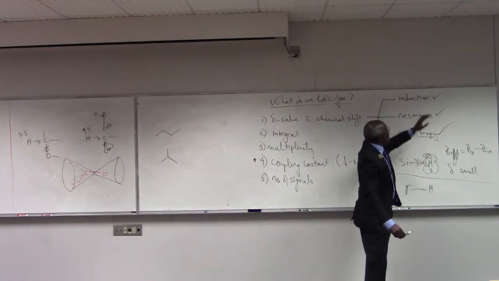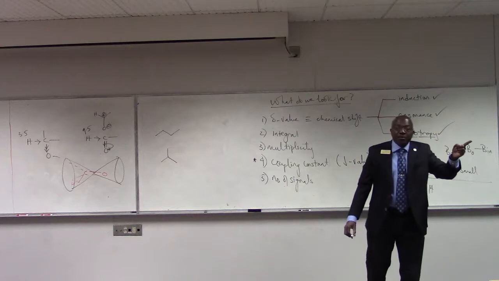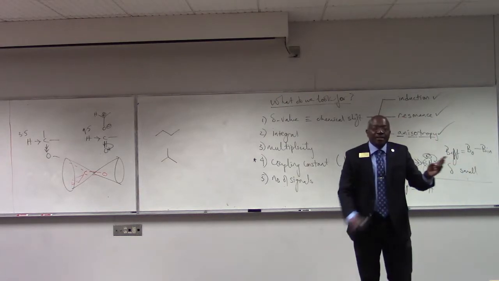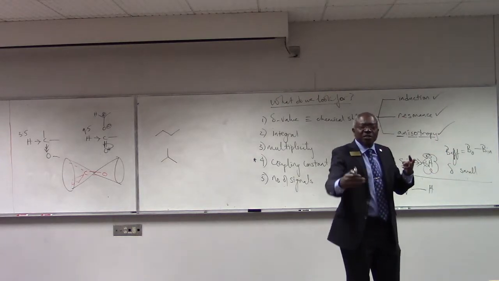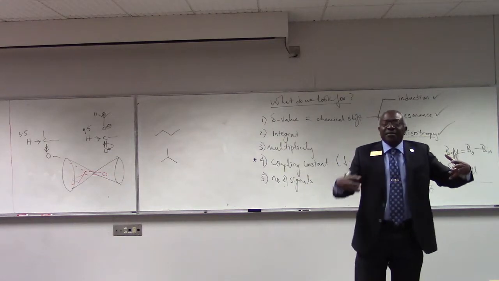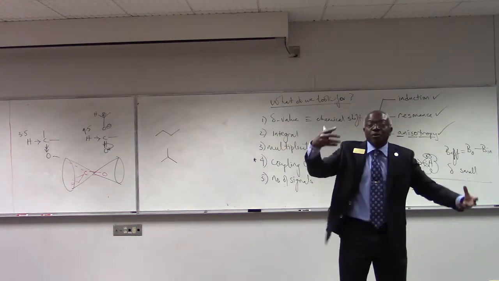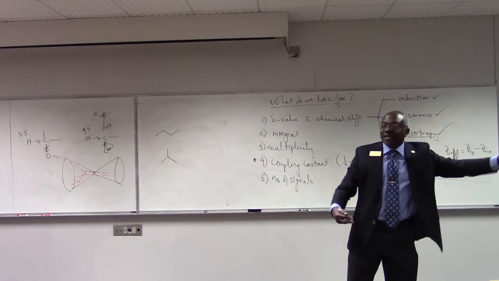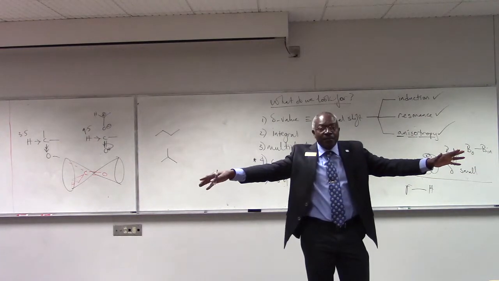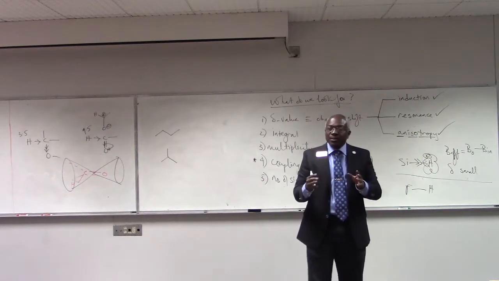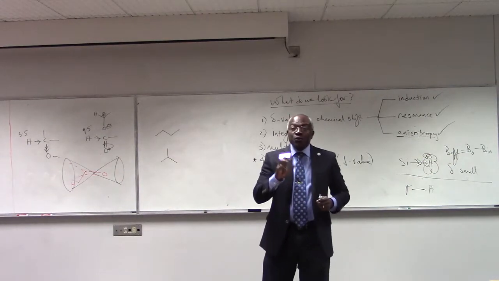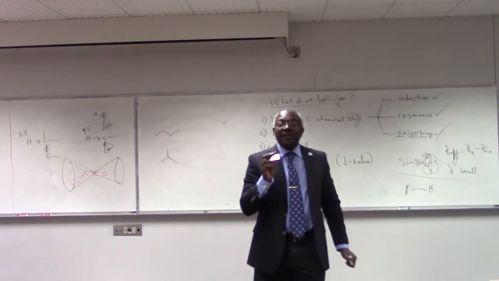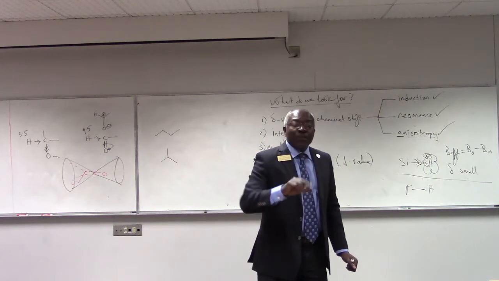And induction itself depends upon which heteroatom, how many heteroatoms, and how close they are to the H. When you add all those things together, it can happen by weird coincidence that an H in one environment has the same chemical shift as an H in another. So it is possible in NMR that 2 or sometimes more different types of H's show up under the same signal.